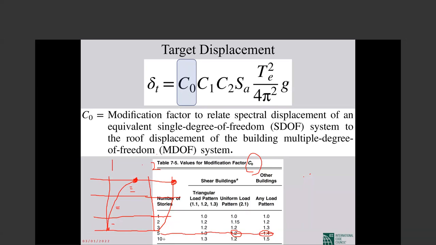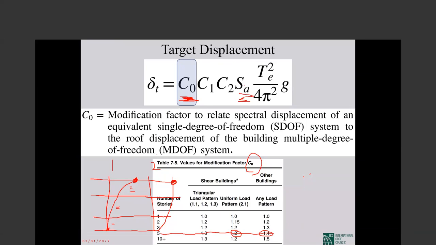So it shouldn't be a big deal really, as with coefficient C1 when we have this kind of table. But till now we get a good estimation of the top displacement of the building in the earthquake, at that level of earthquake. So the demand is in our hand.